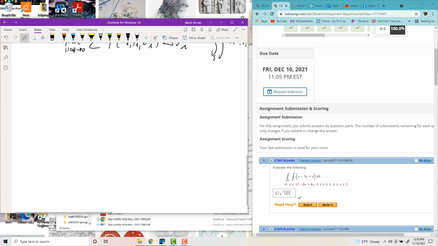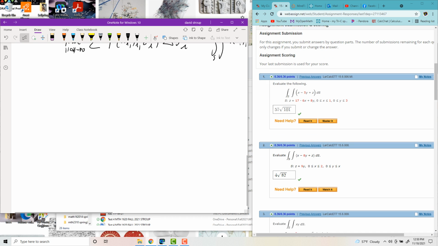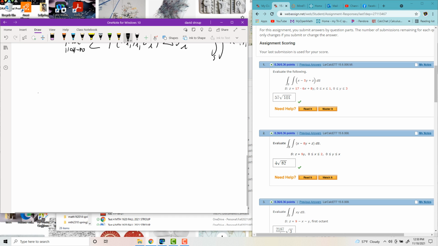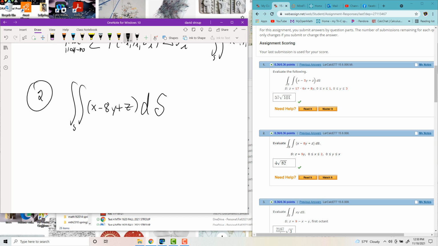Okay, so anyways, the beginning problems, like number 2, we're figuring out the surface integral, the integral of x minus 8y plus z over the surface given by these formulas.